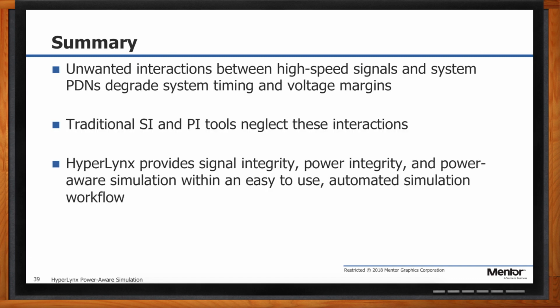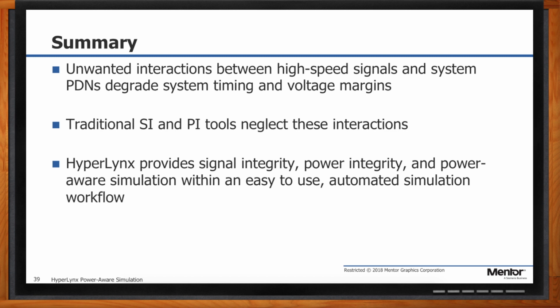But at the highest level, I think the three important things are that high-speed signals and power delivery networks interact. And we don't want them to, but they do. And when they interact, they only ever degrade timing margins and voltage margins. That's all they ever do. And it's critically important to be able to assess that and quantify it. It's also important to look back at the way that we've traditionally done SI and PI and realize that we've treated SI and PI as separate tasks, and therefore we've neglected most of those interactions.